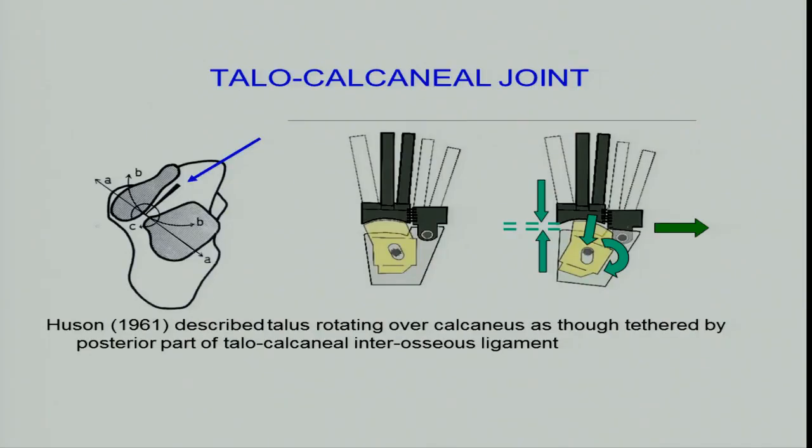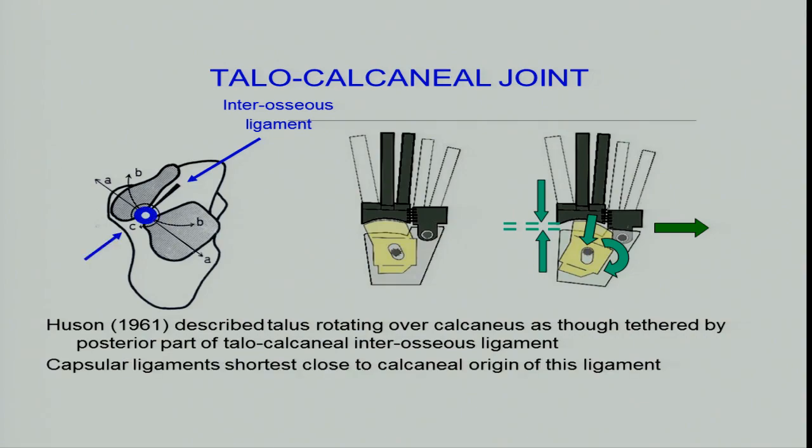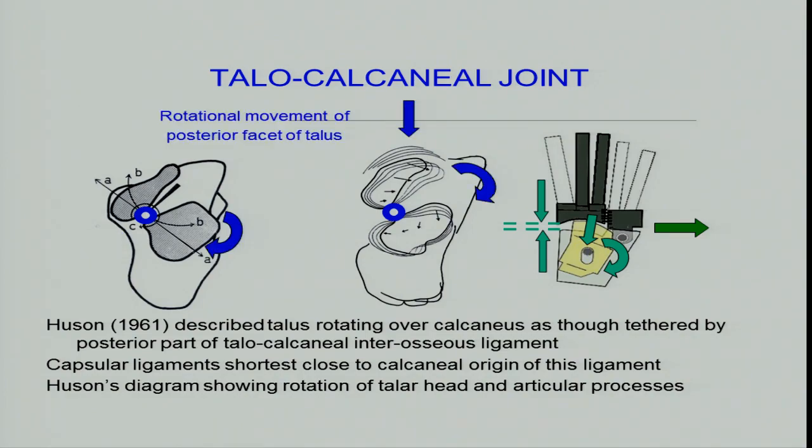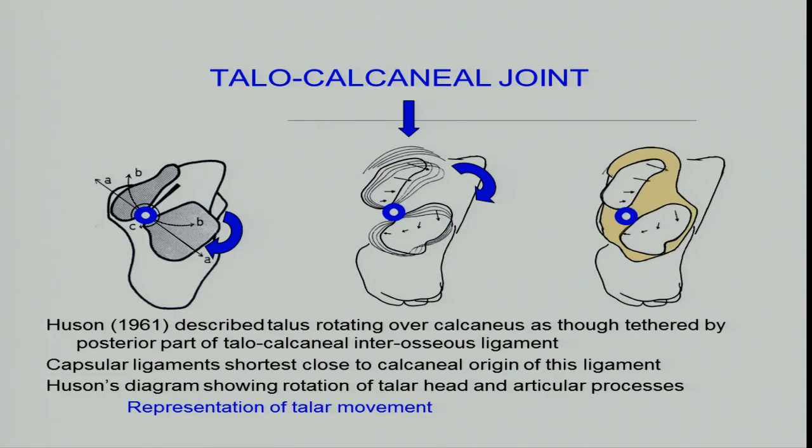Now, Huson's drawings, and because the talus gets pushed backwards, it rotates around the interosseous talo-calcaneal ligament, and it also goes backwards. You remember I tried to explain the Huson outlines, and then a drawing of the talus as it rotates around the interosseous talo-calcaneal ligament.